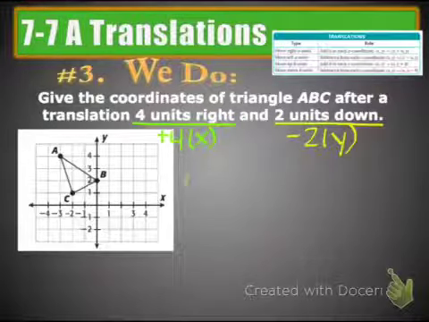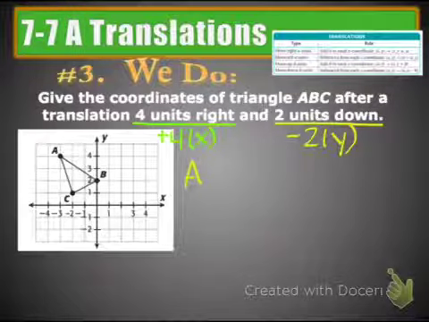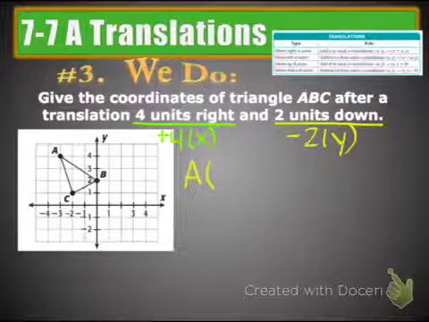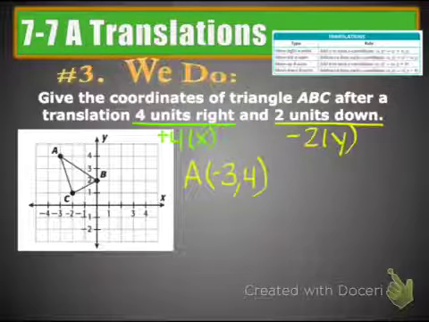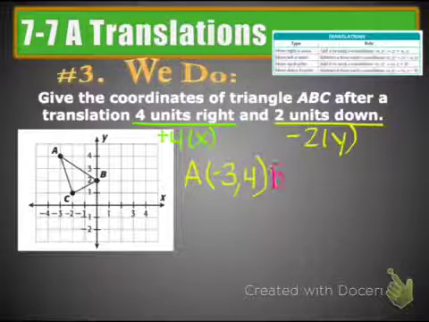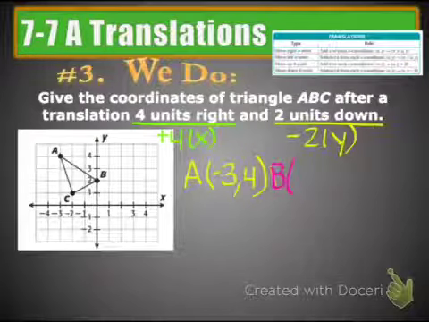So for A, our point is, let's see, we go to negative 3, positive 4. Let me change colors here. Our B is at 0, comma 2.